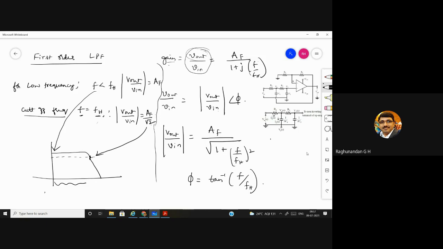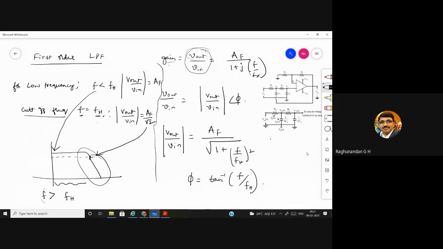Suppose the frequency of the signal is greater than FH, then what will happen according to this? When the frequency becomes greater than the higher cutoff frequency, what will happen? F is the frequency of the input signal.